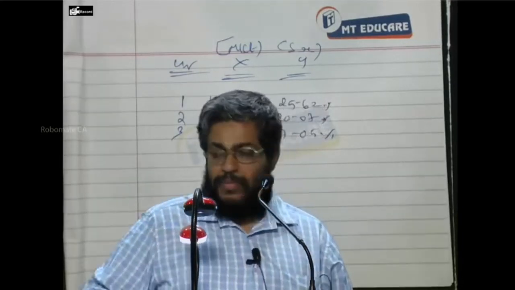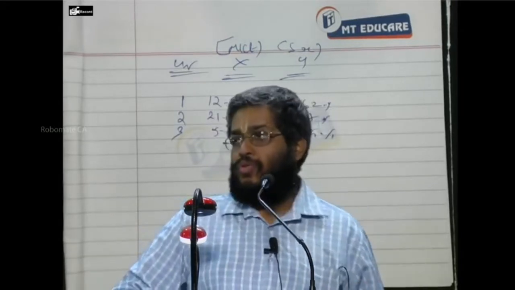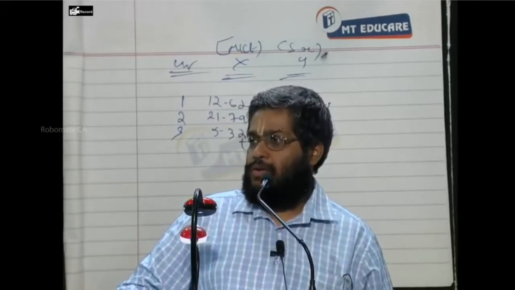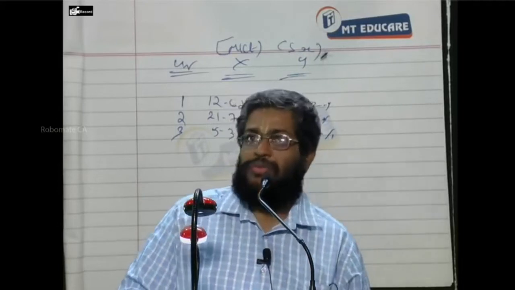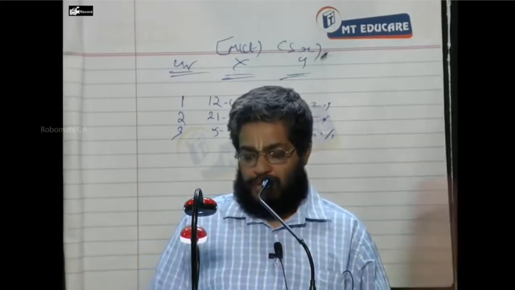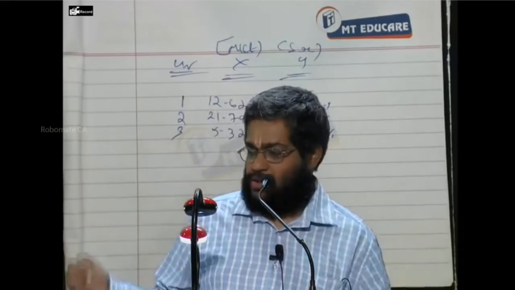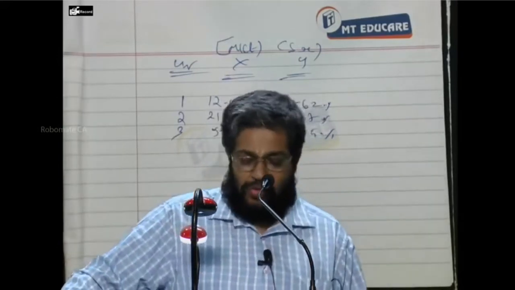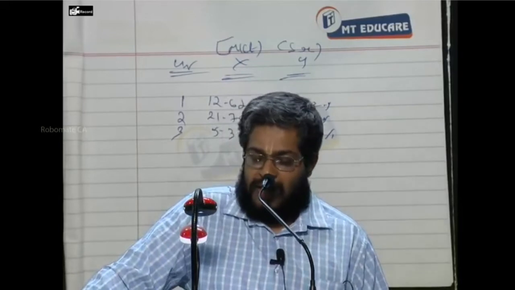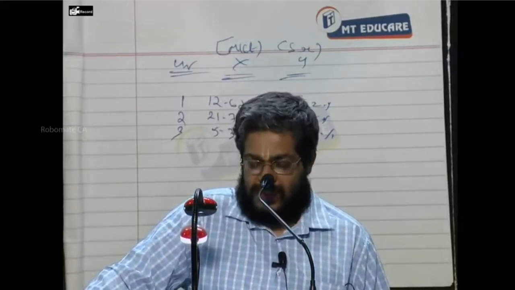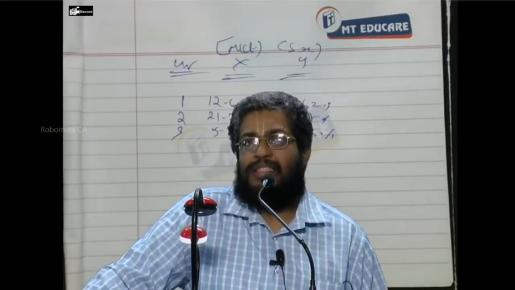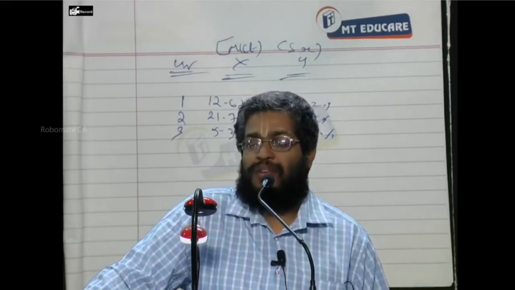Okay, year. 2000, that is year what? 1, 2, 3. Year 1, 2, 3. We just replace 2002, 2003 by year 1 and so on. Past 3 years now. Market return is 12.62%, 21.79%, 5.32%.